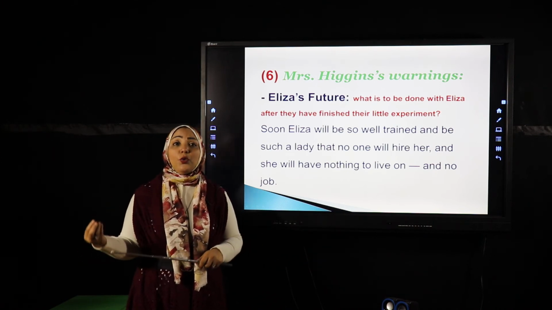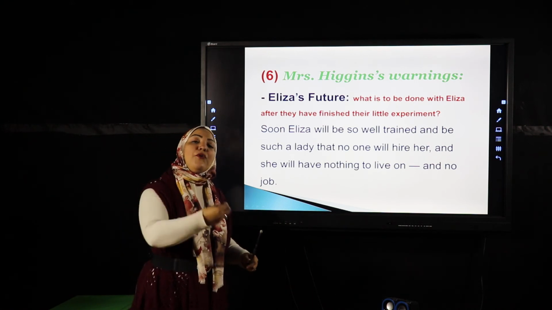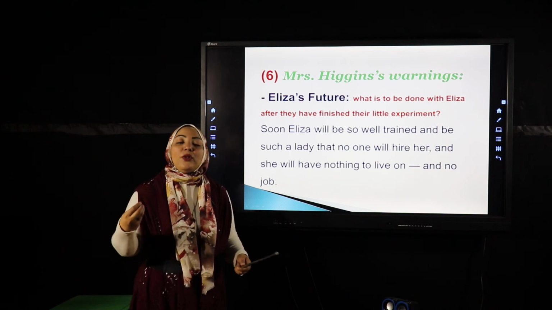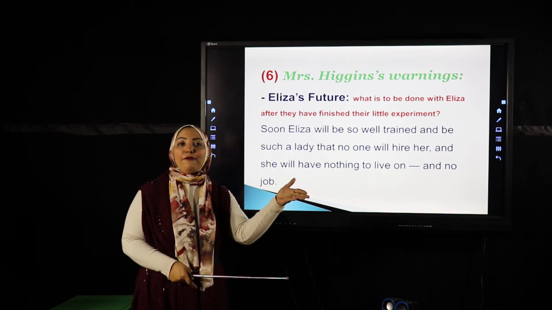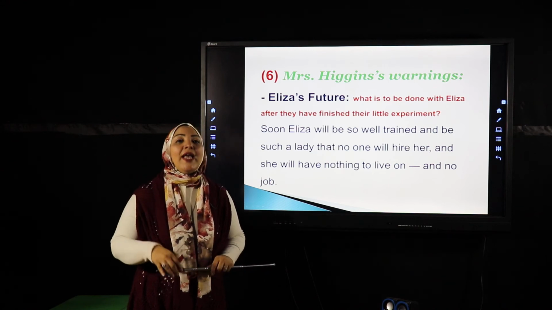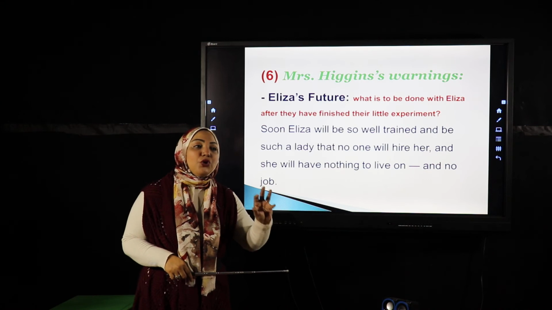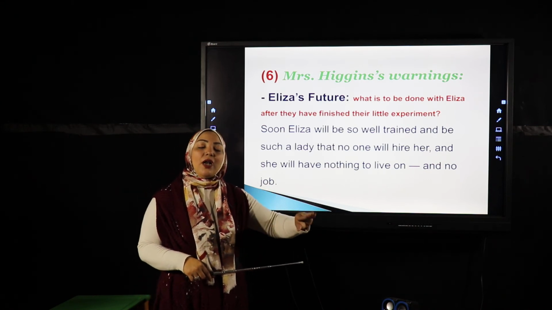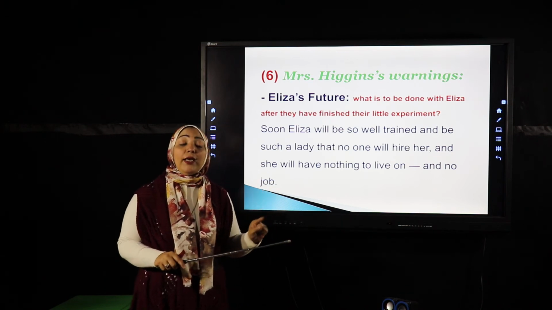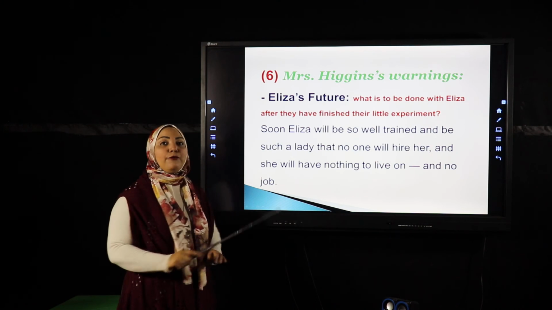Eliza will be taught as a lady, but she still will not be provided with a good position in society or even a job that will make her live the life of a lady. So you will give her a kind of education that will make her not qualified for the class that she already belongs to. So before thinking about educating Eliza like this, you have to think about her future.